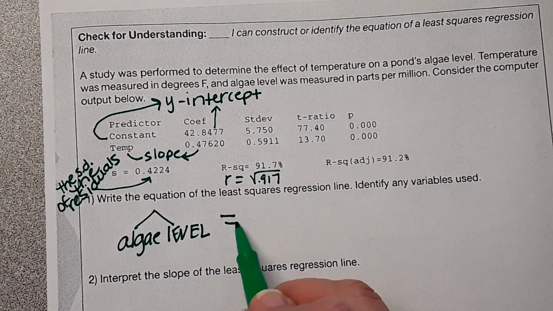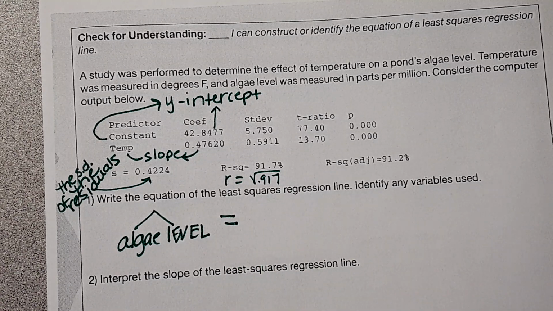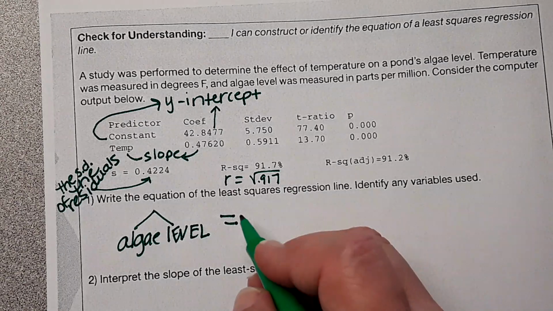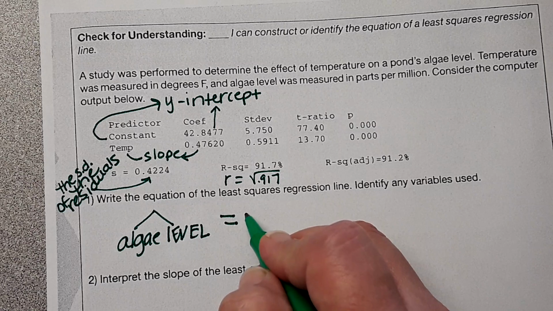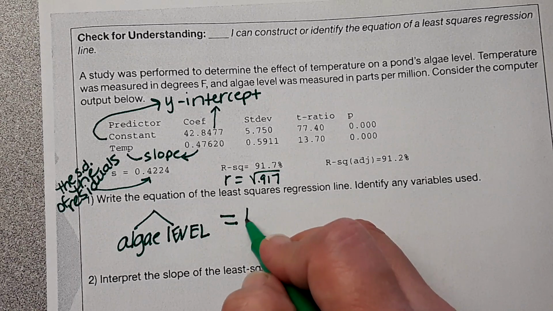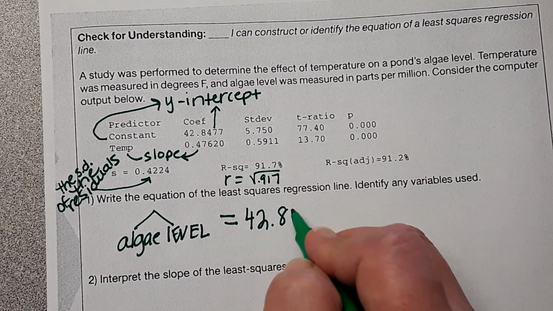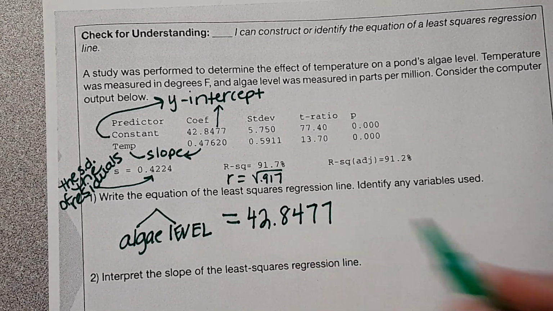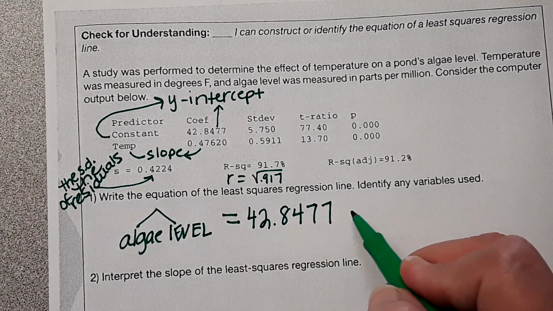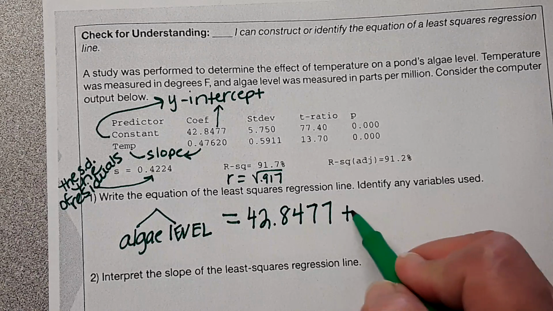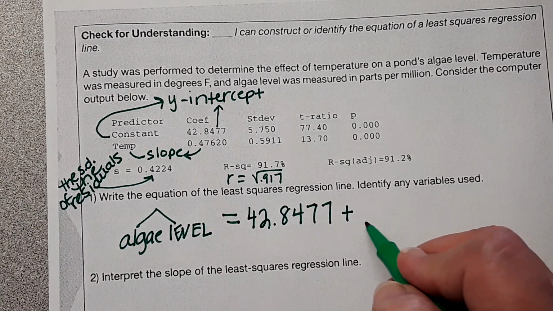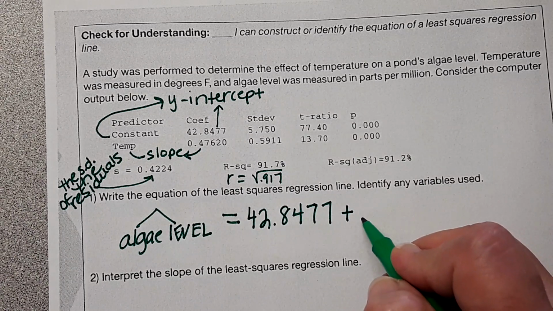Okay. So what is your A? What's your y-intercept? 42.48, 47. And then what is my slope? 0.4762.